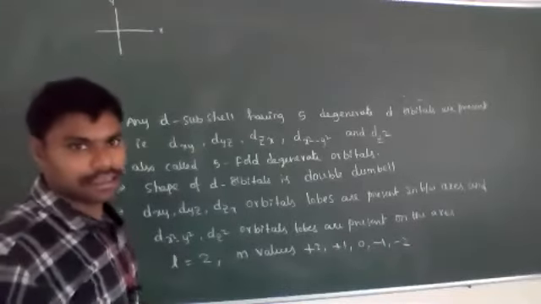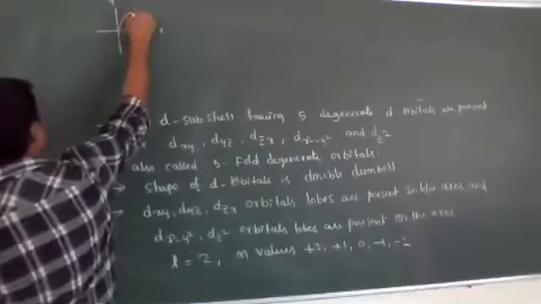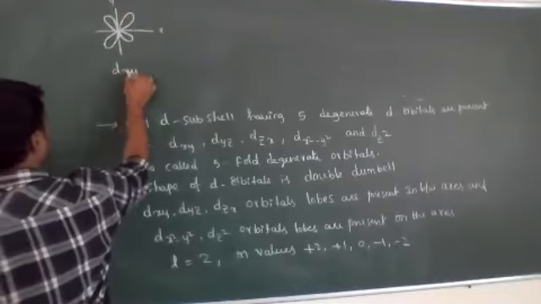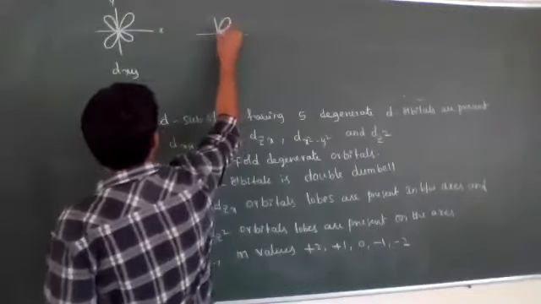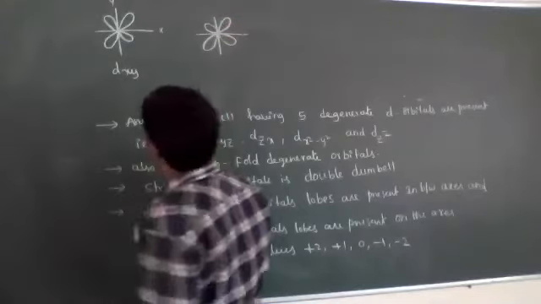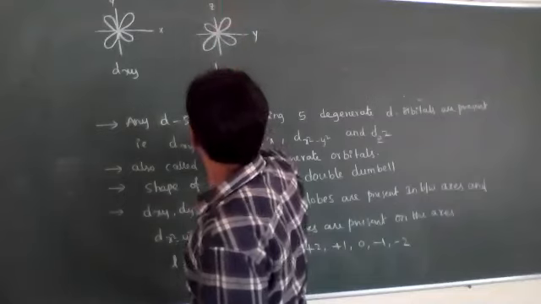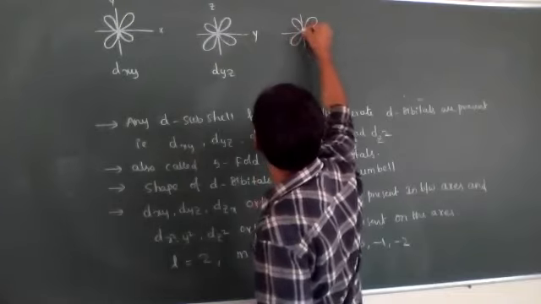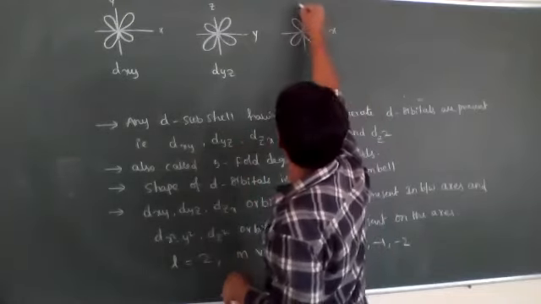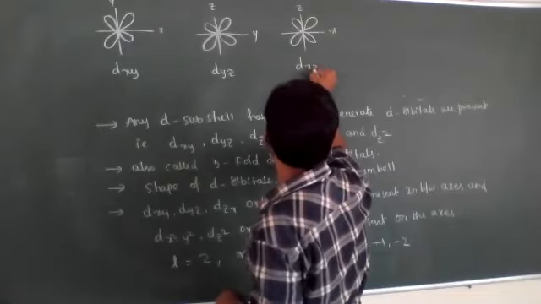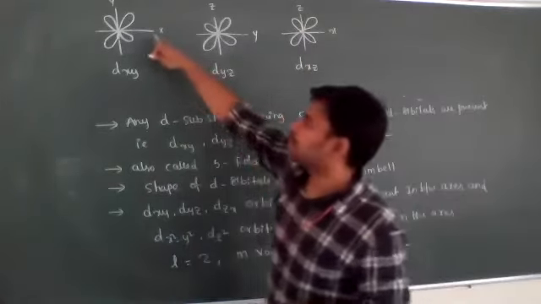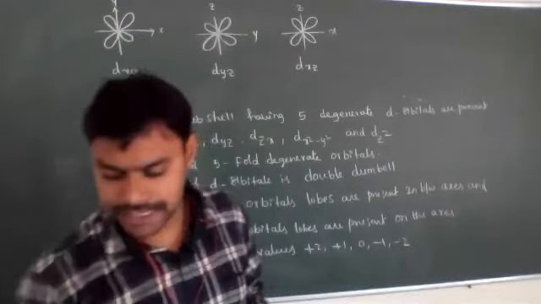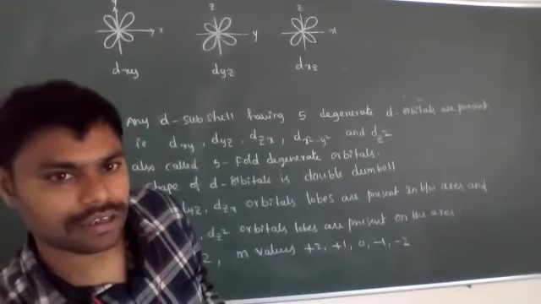In dxy, the lobes are present in between the x and y axes. In dyz, the lobes are present in between the y and z axes. In dzx, the lobes are present in between the z and x axes.